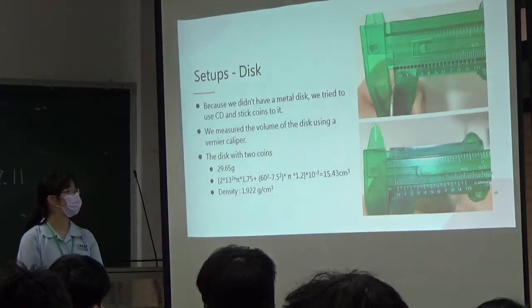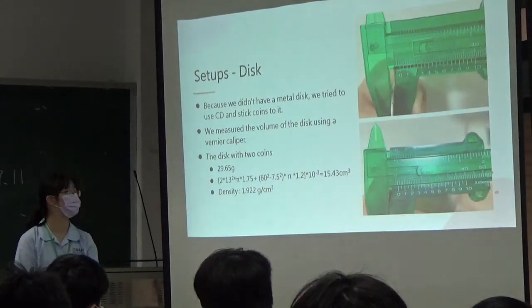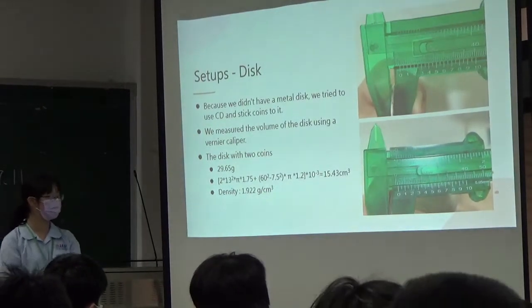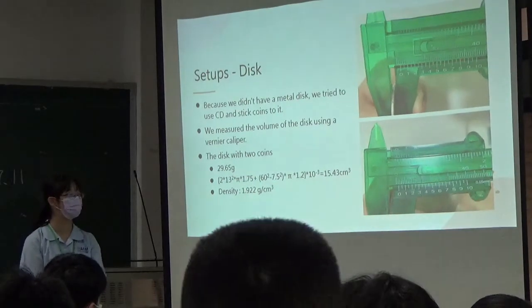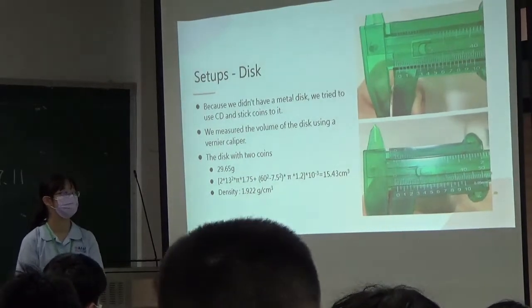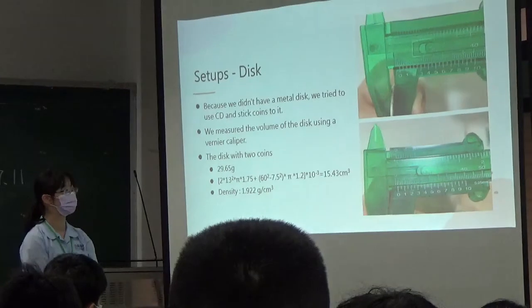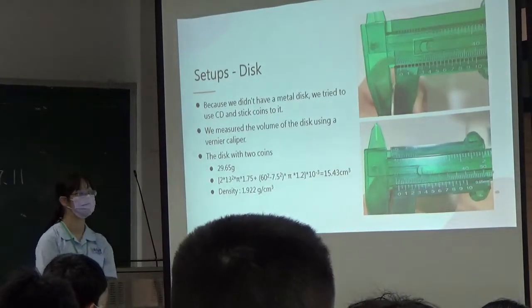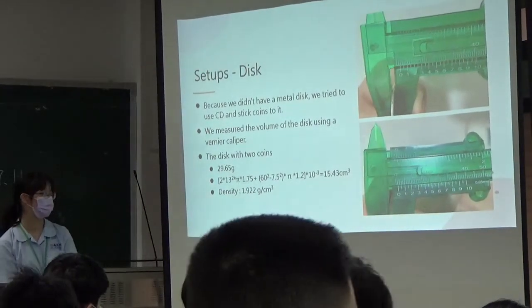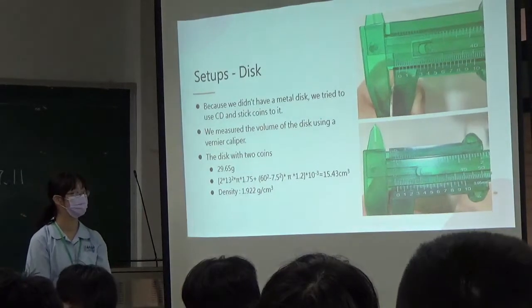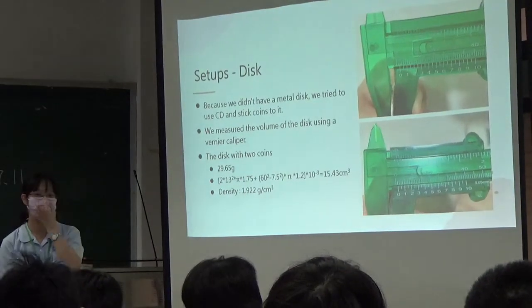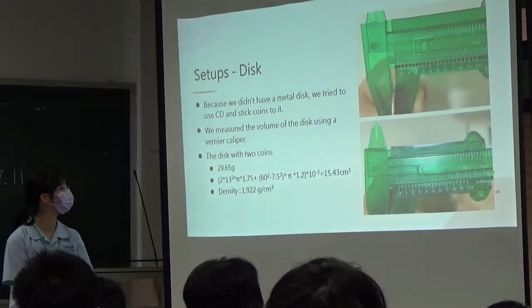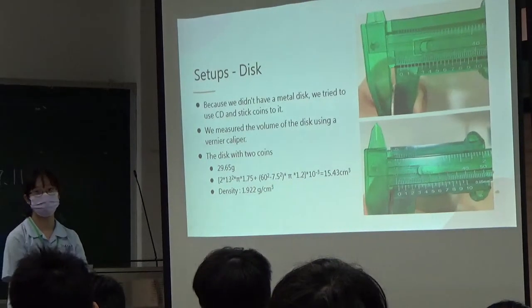We found that the disk with 2 coins weighs 29.65 grams, and its volume is about 15.43 cubic centimeters, so its density is 1.922 grams per cubic centimeter, which is obviously bigger than water.